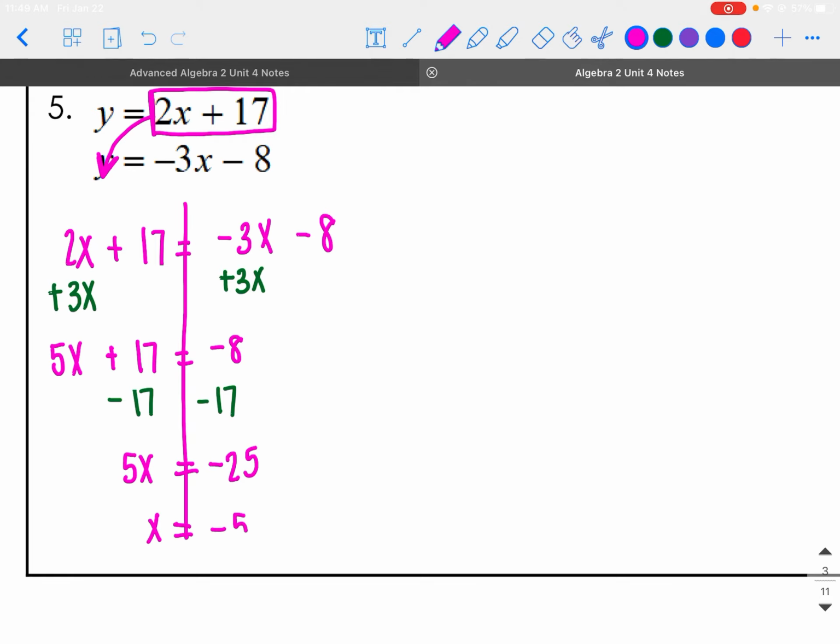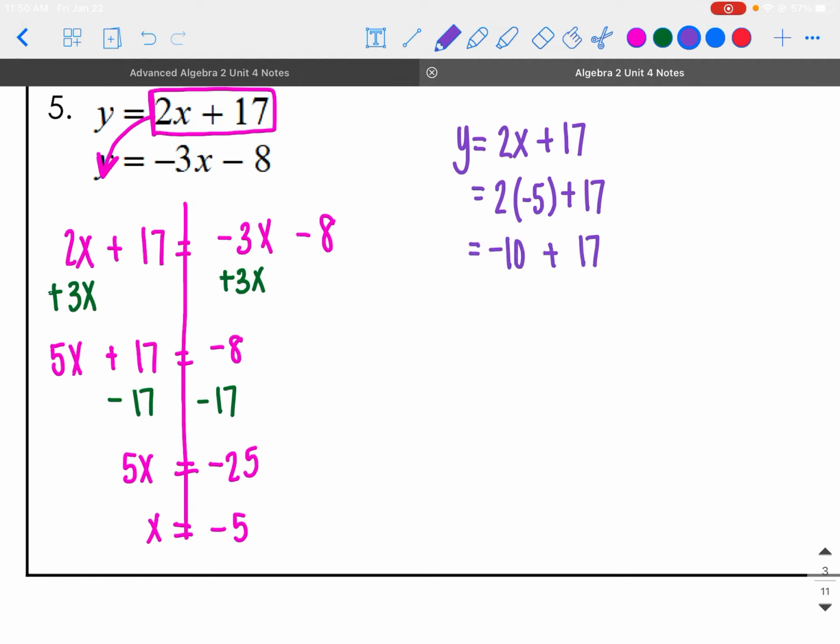And then dividing by 5 gives me x equals negative 5. So we have the x. To find the y, go back to your equations. Y equals 2x plus 17. And I know that x is negative 5. So I can replace the x with negative 5. We get negative 10 plus 17, which is 7. So my solution is the point negative 5, 7.